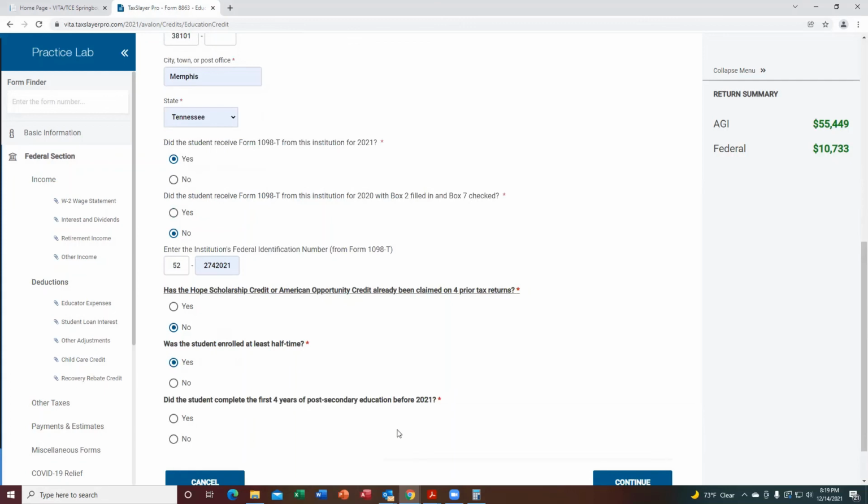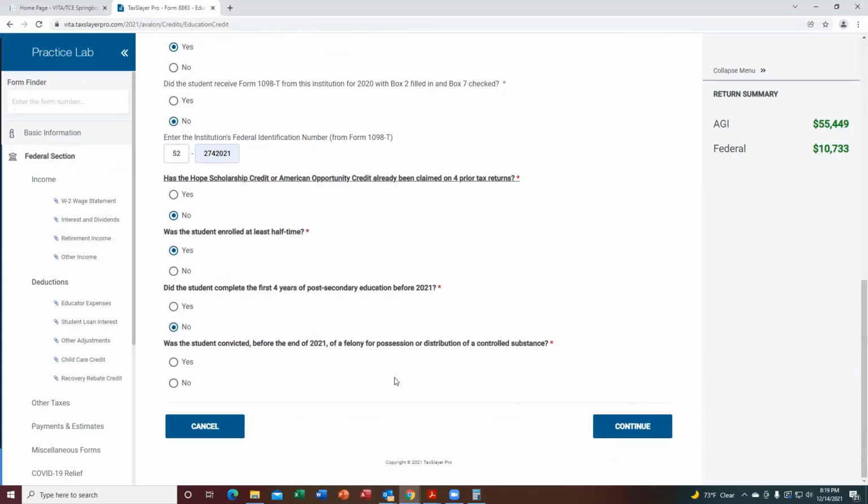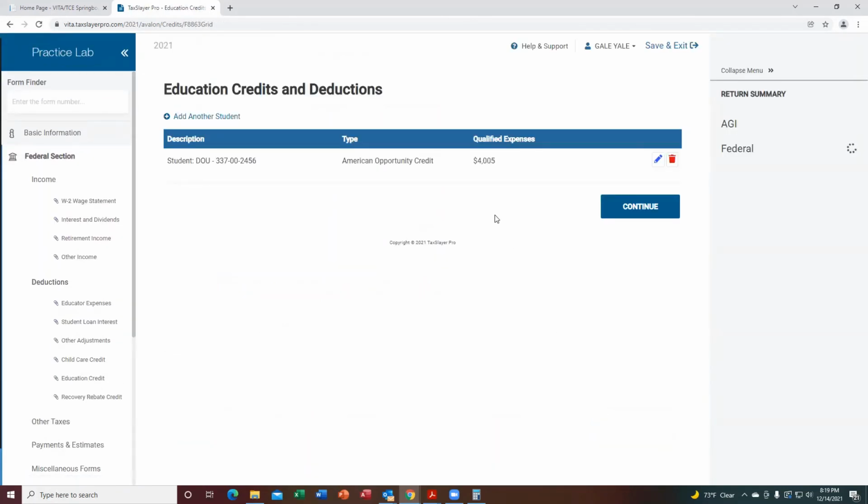Yes, it's noted on the form. No, again, he's a freshman. He's not been convicted. And we continue. And there's the information that's been entered. Continue.